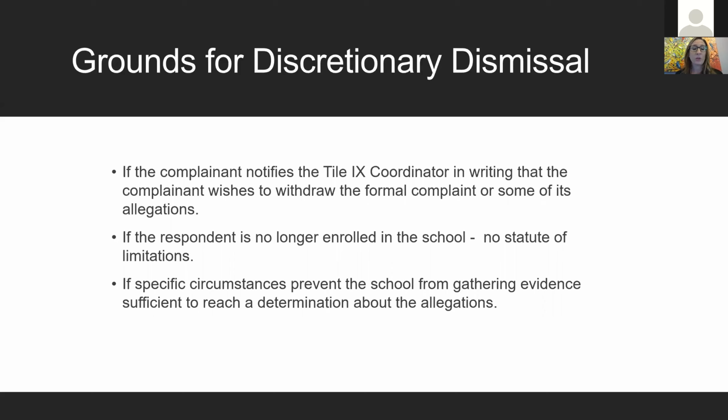Another ground is if the respondent is no longer enrolled in the school, but remember, there's no statute of limitations for filing a complaint. And then if specific circumstances prevent the school from gathering evidence sufficient to reach a determination about the allegations.